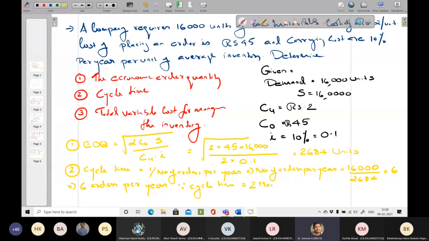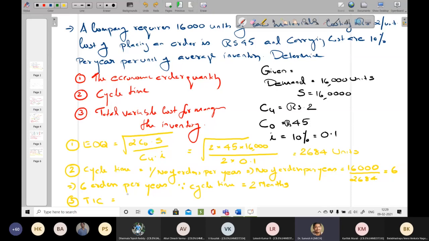The third one is TIC. So TIC is C naught into S by Q naught, that is one term.